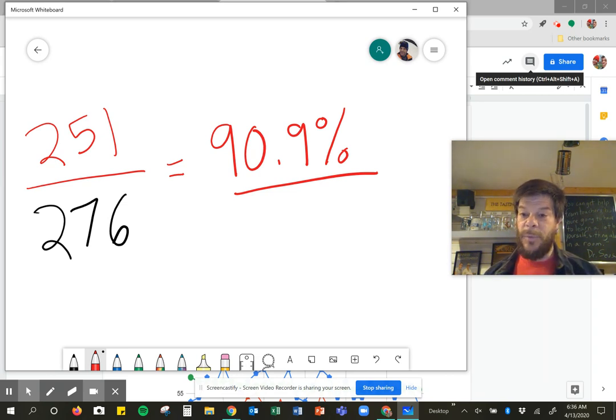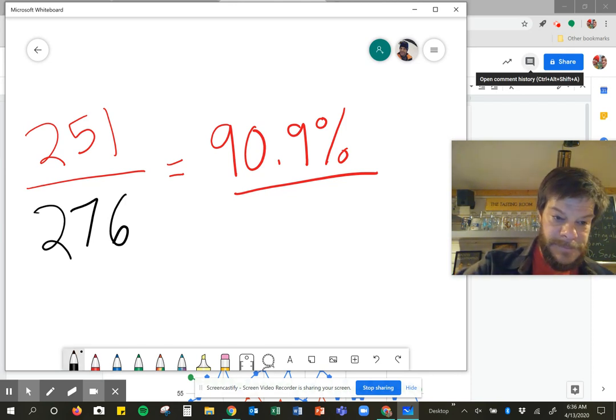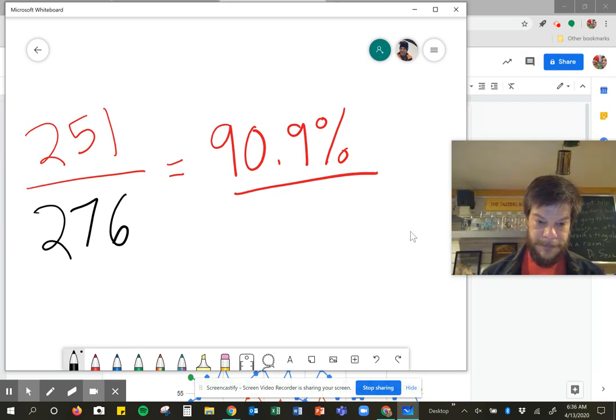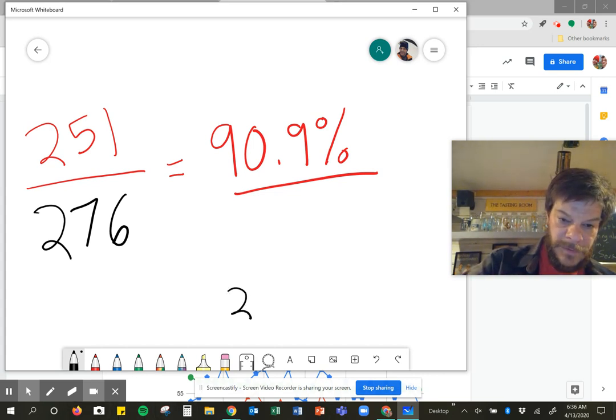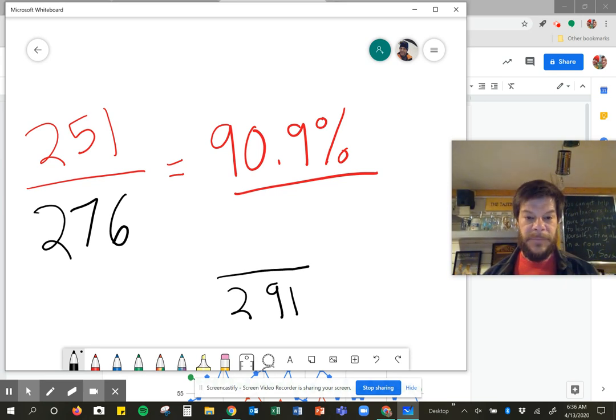Now, let's take the weather and climate activity that I just went over. That was worth 15 points. That is going to change the black number to 291. Okay? 276 plus 15 is 291.